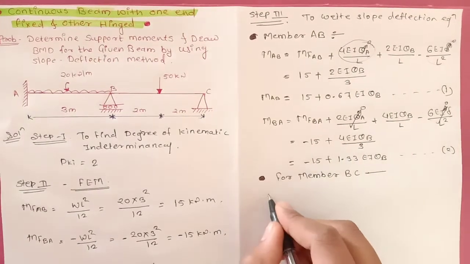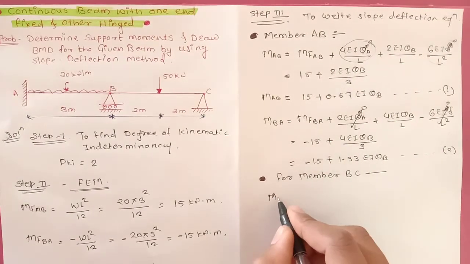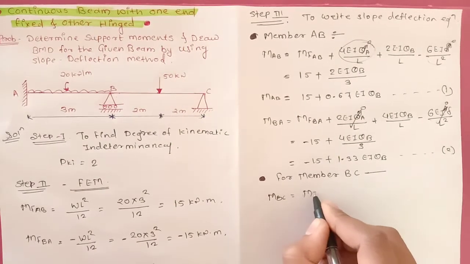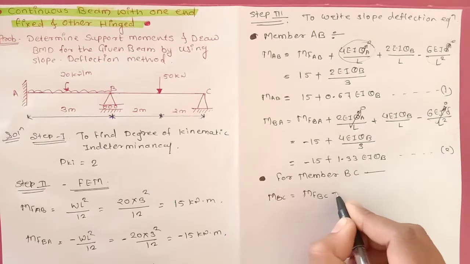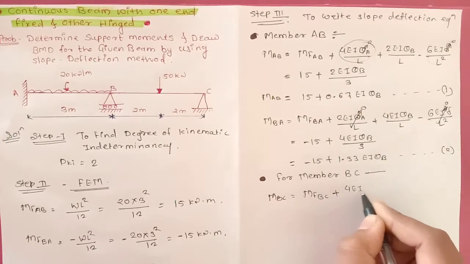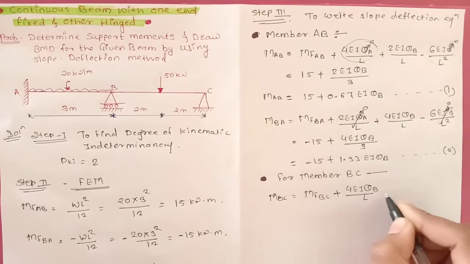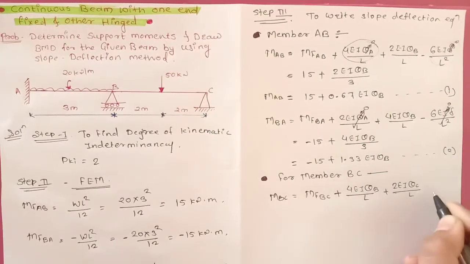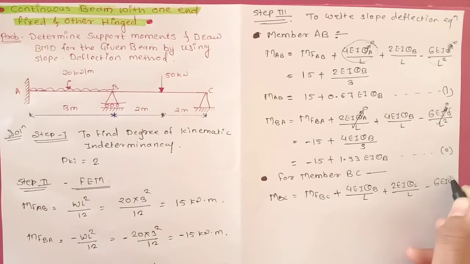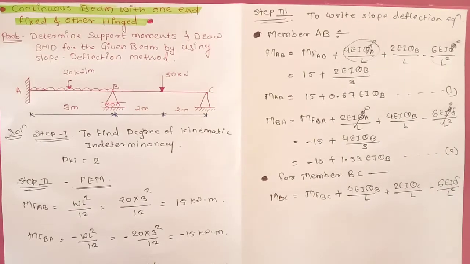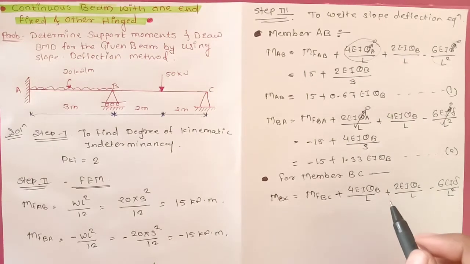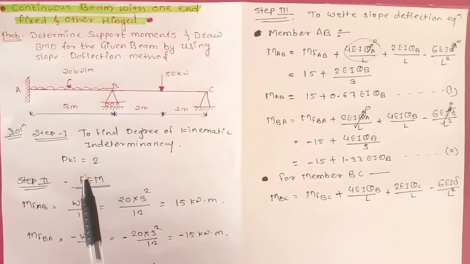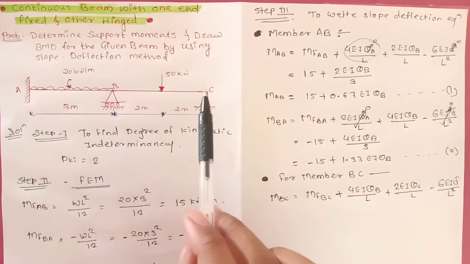The formula is fixed moment for member BC plus 4EI theta B divided by L plus 2EI theta C divided by L minus 6EI delta divided by L square. Here the degree of kinematic indeterminacy is 2, that is, the unknown displacements are 2, that is theta B and theta C.